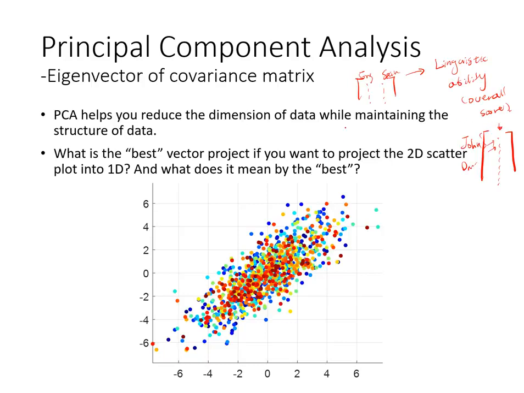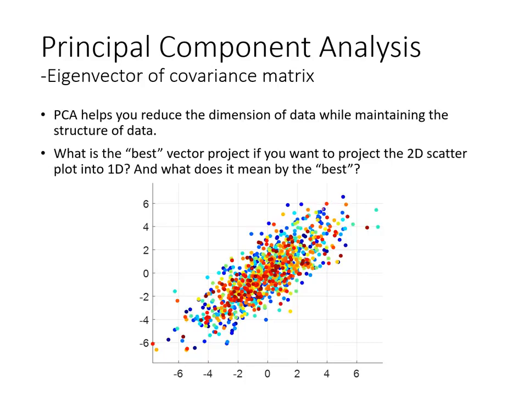How would you get that? The best way is to project all the data points onto this vector, right? Then you can maintain the structure of the data, and also get a new score for the linguistic ability, and that's what PCA does.